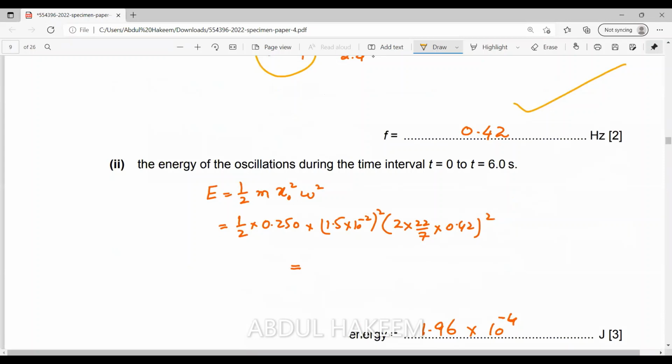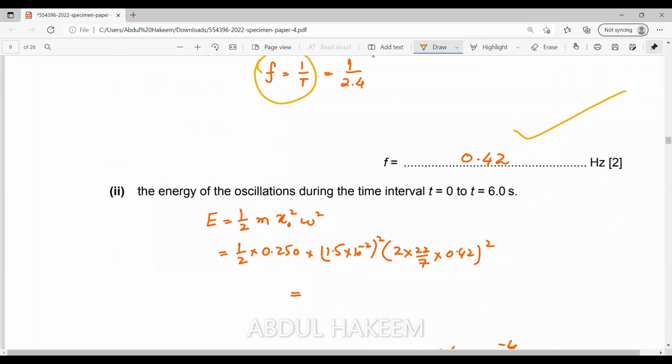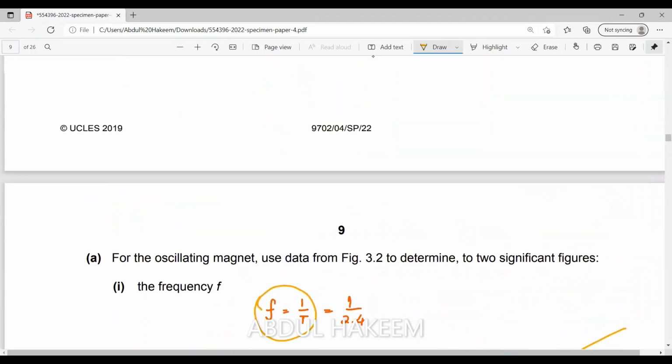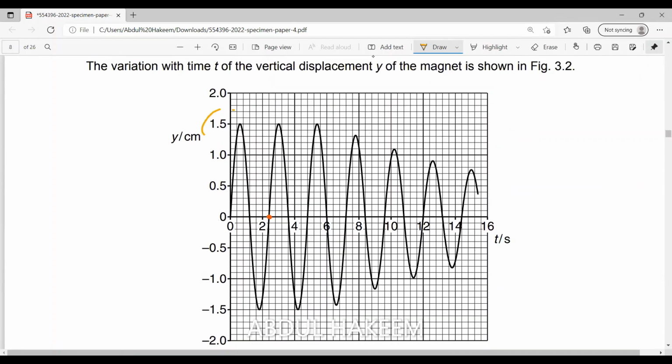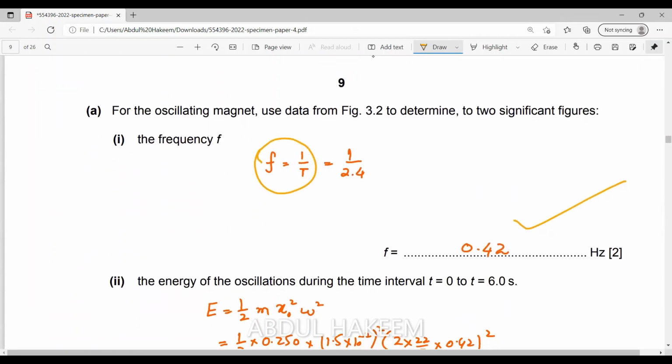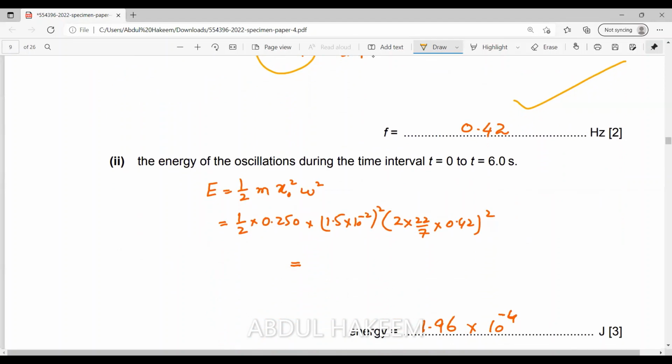And then the total energy of the oscillation from 0 to 6: the amplitude is constant, so E = 1/2 m x₀² ω², with mass 250 gram, meaning 0.250 kg, and x₀ the amplitude, 1.5 centimeter from the graph. We convert this to meters, 10 to the power minus 2, squared, and ω is 2πf, so (2πf) squared. After calculation, this will be your answer, 1.96 × 10⁻⁴.